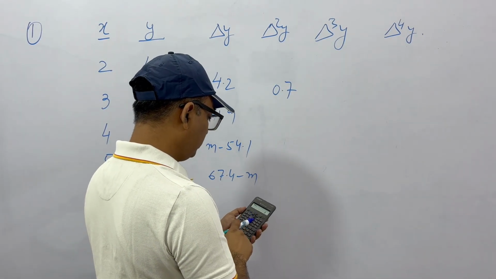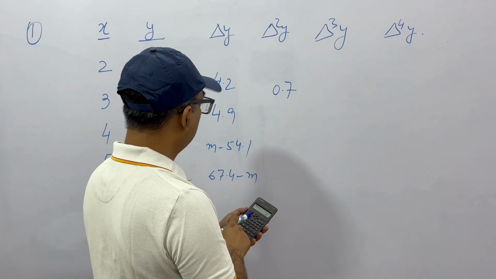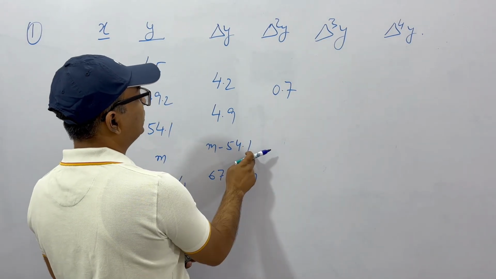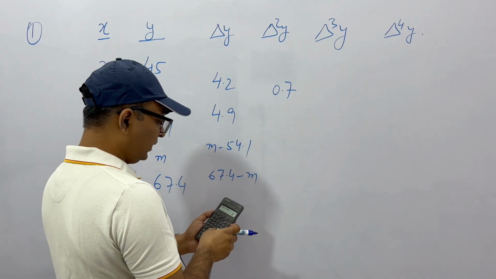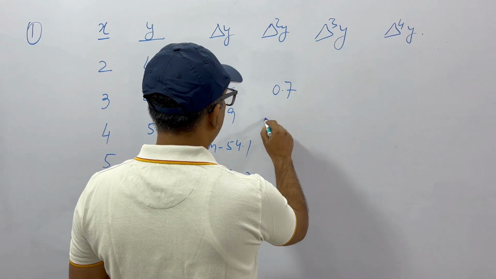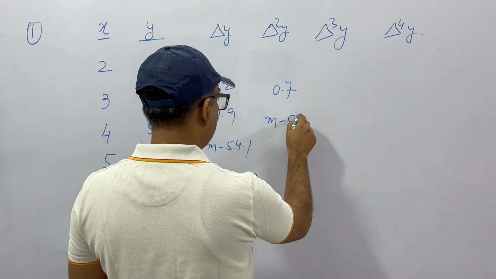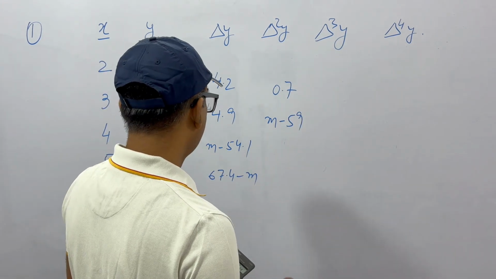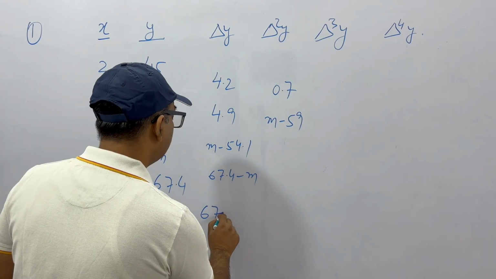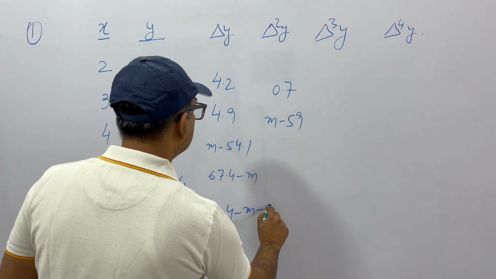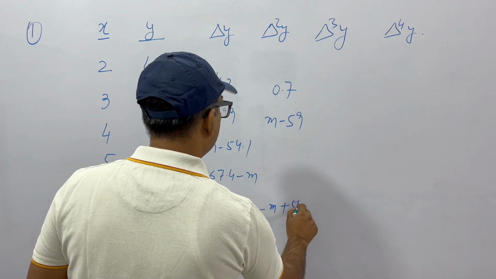Then m minus 54.1 minus 4.9. So 54.1 and this minus this, so these two will be added. So this is 4.9. So what do we get? We get m minus 59. This is this minus this. What is this? 67.4 minus m plus 54.1.